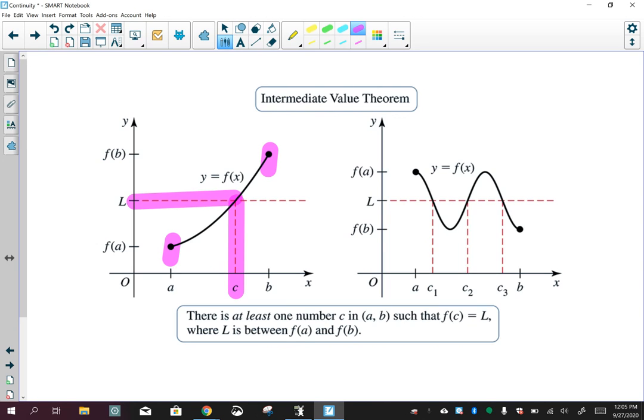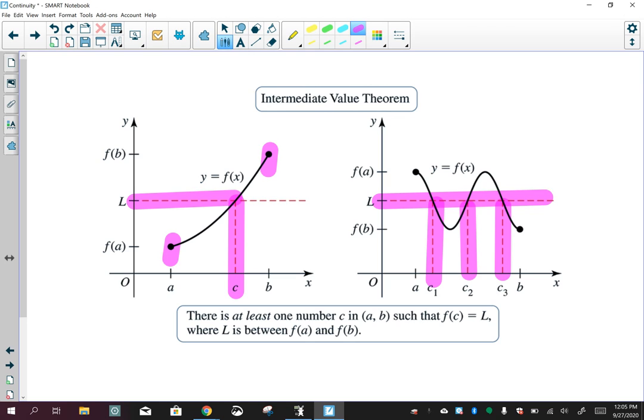And if you notice, I can pick multiple C values as long as I'm in between A and B and A and B is continuous, then I'm going to have multiple values on this interval here that I can pick that can have the same limit or that will exist.